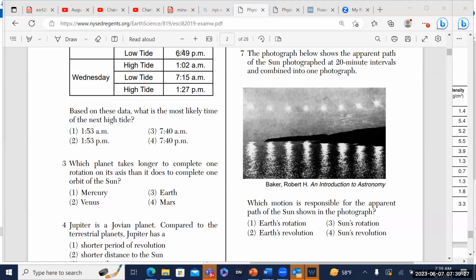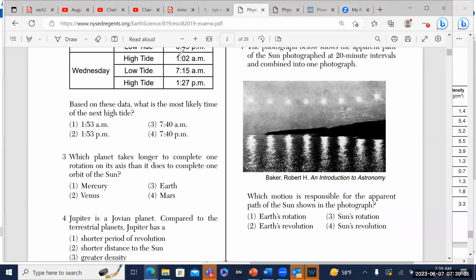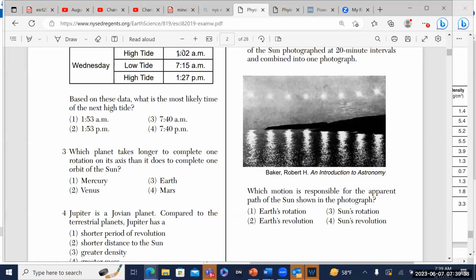It just appears to be moving. Because this is taking place throughout the day, keyword is day, there's one movement of the Earth that focuses on day and night, and that is the Earth's rotation. Choice 1.